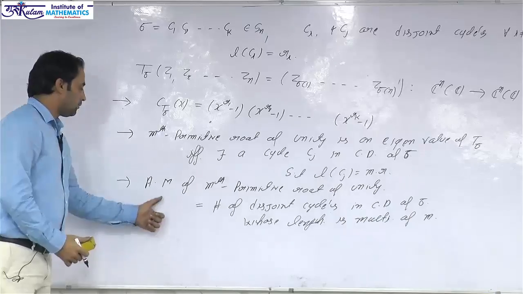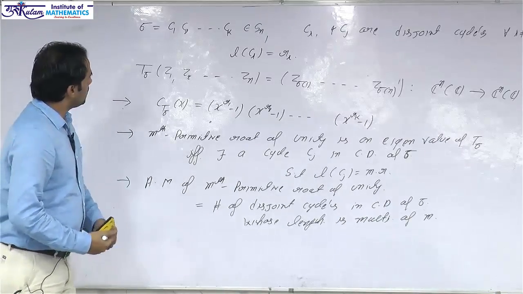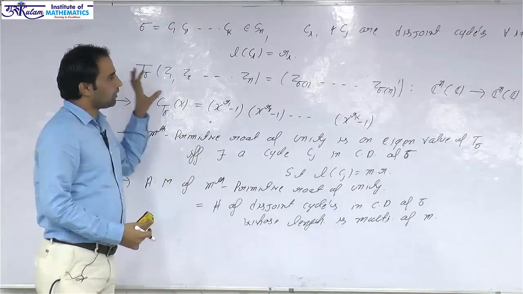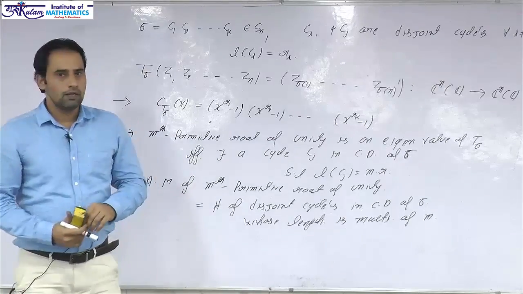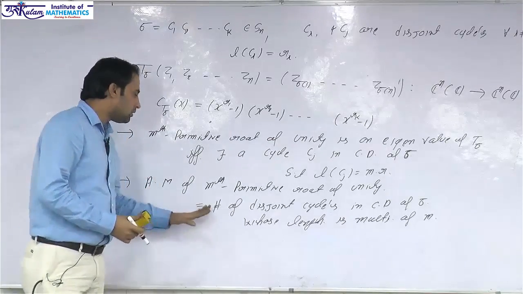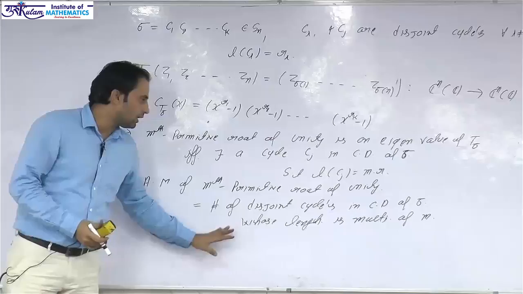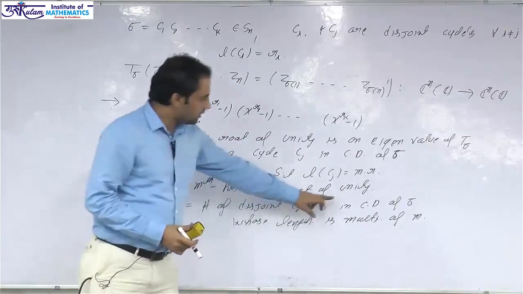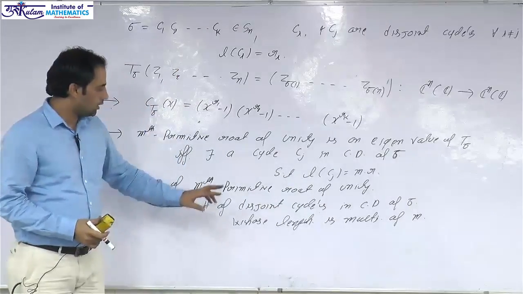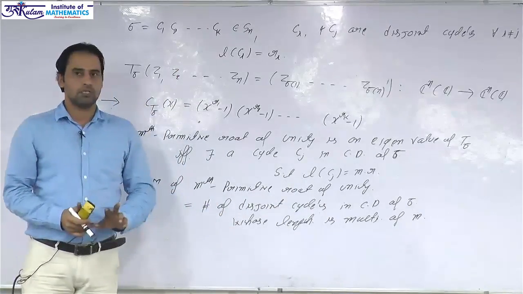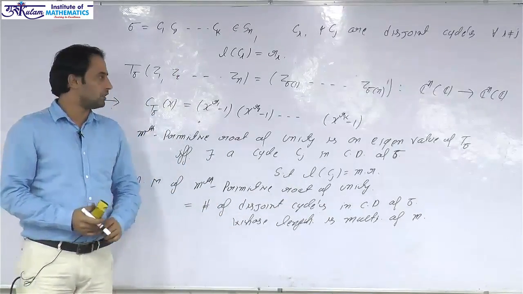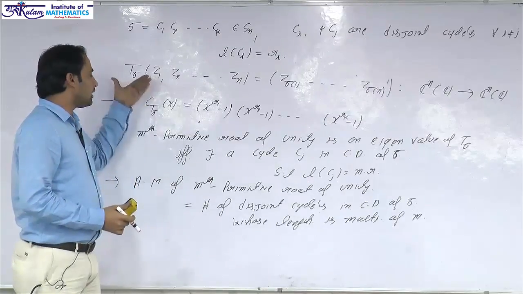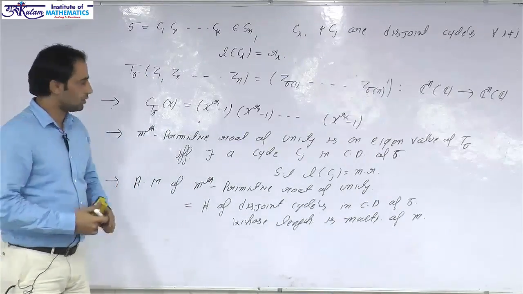Similarly, for example, the algebraic multiplicity of the eigenvalue omega is the number of disjoint cycles in the cycle decomposition of sigma whose length is a multiple of 3. That is the algebraic multiplicity of omega, if omega is an eigenvalue of this.